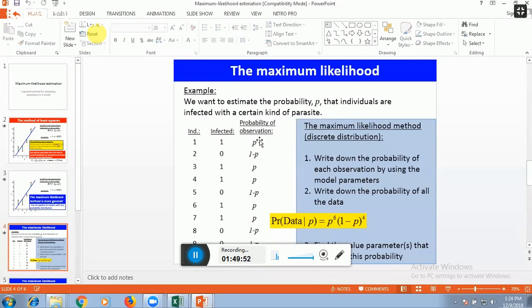That is, how many ones are there? Say 6 ones and 4 zeros. Then your total likelihood will be p power 6 multiplied with 1 minus p power 4. When you have this kind of probability density function, this is exactly what we call the likelihood.